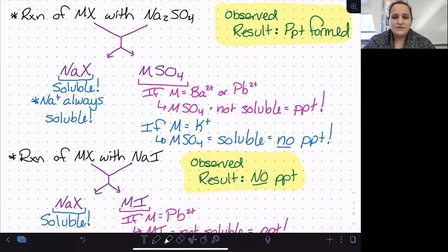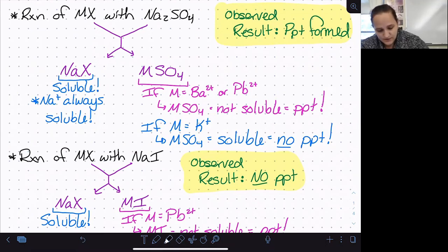So now that we have our results, we can go through and see how those results match up with what we talked about before. We sort of predicted whether or not we would see a precipitate for each of our different options. So if we go through our 4 reactions, when we mixed our unknown stuff with sodium sulfate, we saw that a precipitate did form.